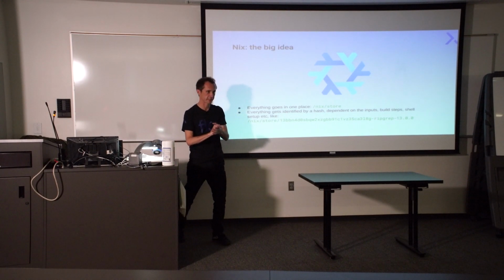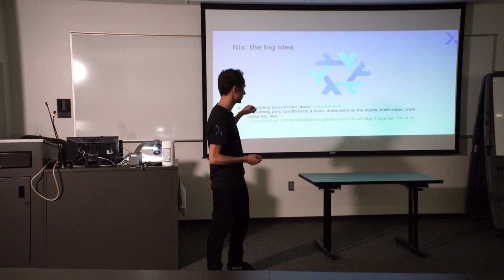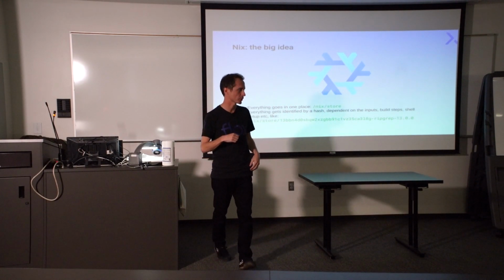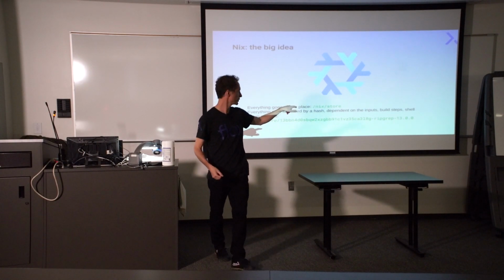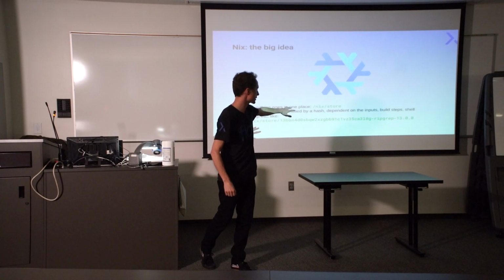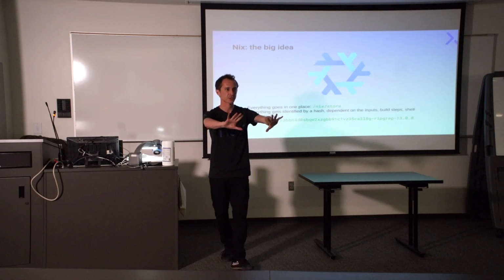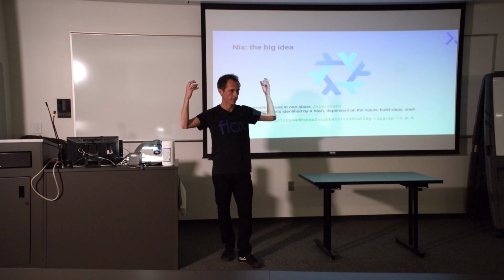The second part of this trick is that everything gets identified by hash. If you look in the Nix store, and we'll look in mine in just a second, everything is identified by a hash. So, for example, the ripgrep package, version 13, has this long hash in front, and that hash summarizes all the dependencies that go into ripgrep beforehand.